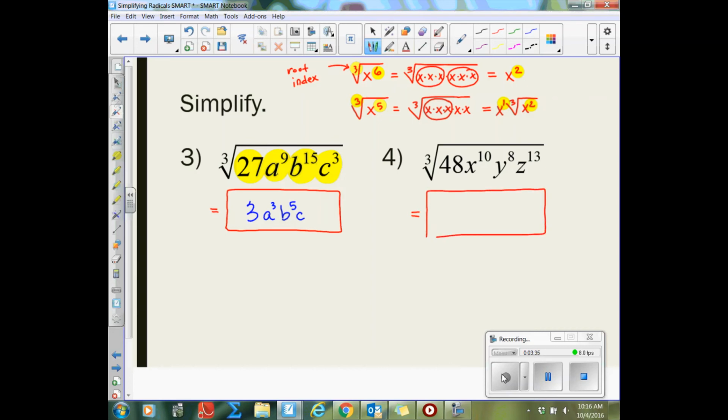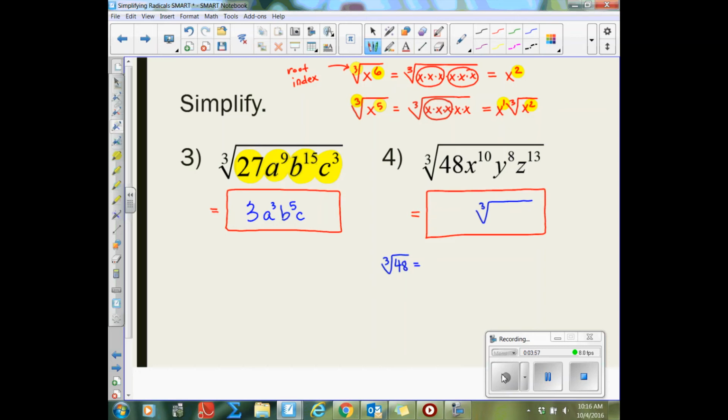Number 4 will still have a radical because we don't have all perfect cubes. So we want to think, again, thought process. We don't want to have to write everything down. That's what we need to practice for.